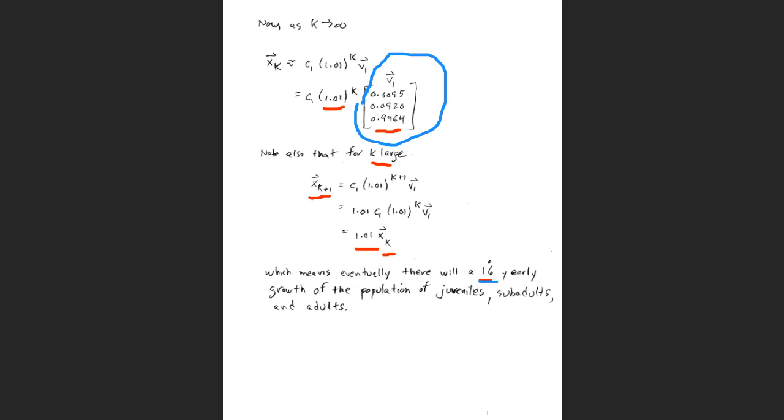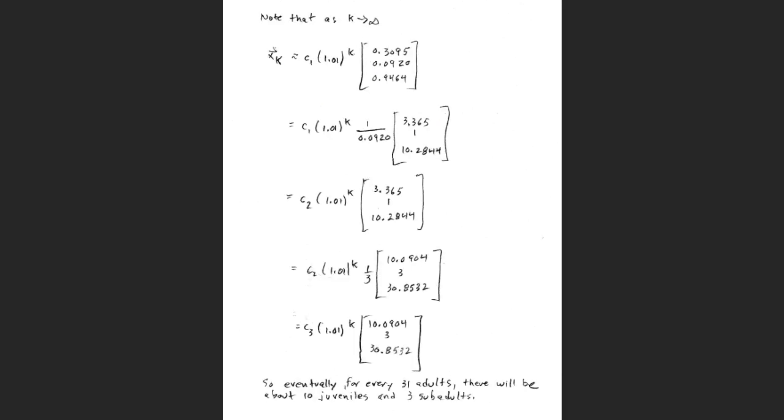So on the next page, we note that as k goes to infinity, the population of owls between the juveniles, subadults, and adults will equal C1 times 1.01 to the k times this eigenvector.